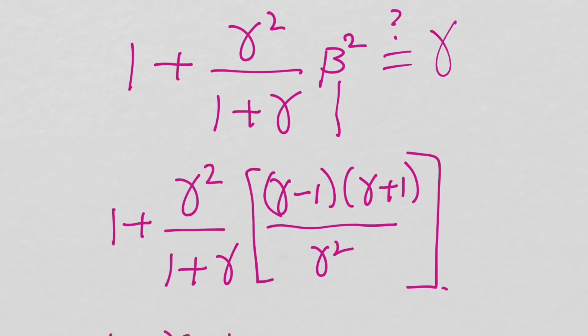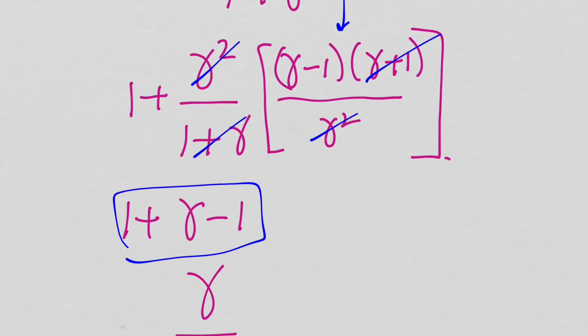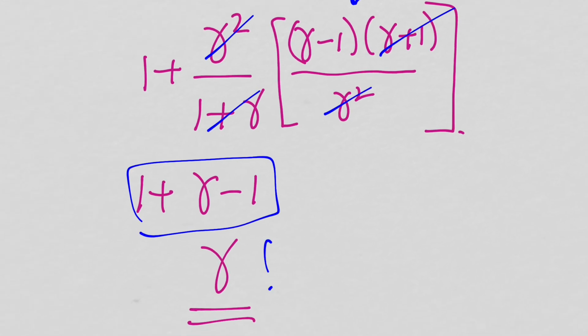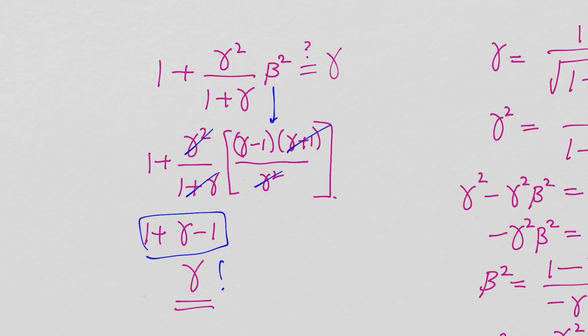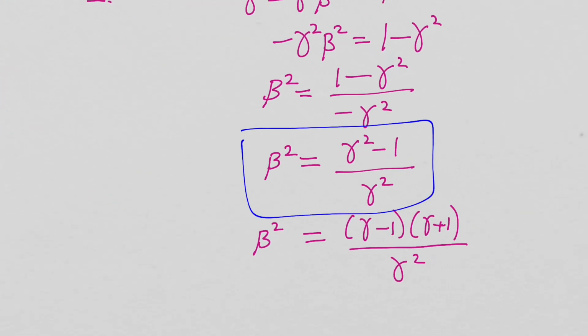I substitute this beta squared with the thing I just calculated. And then, of course, that cancels with that. This cancels with this. And I'm left with, look at it, 1 plus gamma minus 1, which equals gamma. So it's true, right? But what is useful is this expression here. That's the thing to keep in mind, I guess.